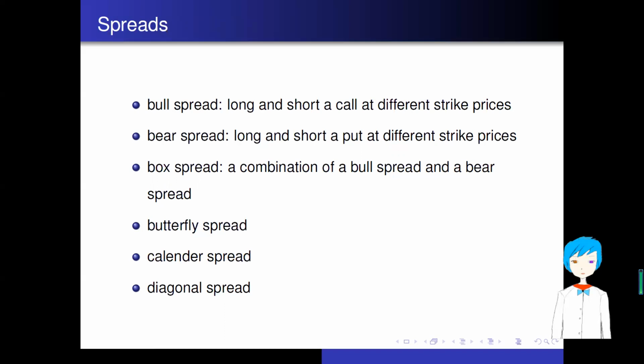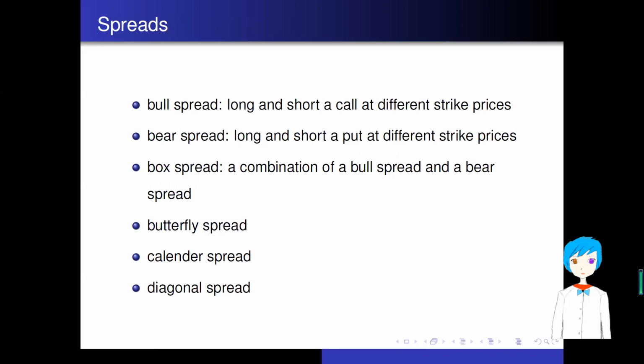If the price goes up, one could make an earning from the bull spread, but the earning is not as much as a simple call option. But also the investment would be smaller than a simple call option.